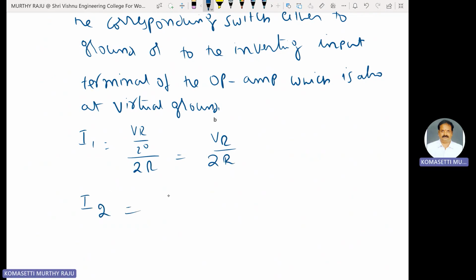I2 is equal to VR by 2 power 1 by 2R, that is VR by 2R by 2, which is equal to I1 by 2.